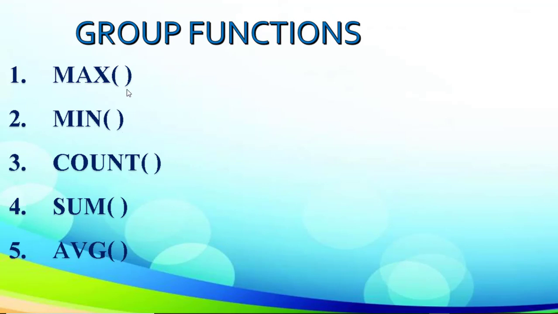Let us see each of these functions. The max function is used to find the maximum of the values in a column, and the minimum function is used to find the minimum value in a column.